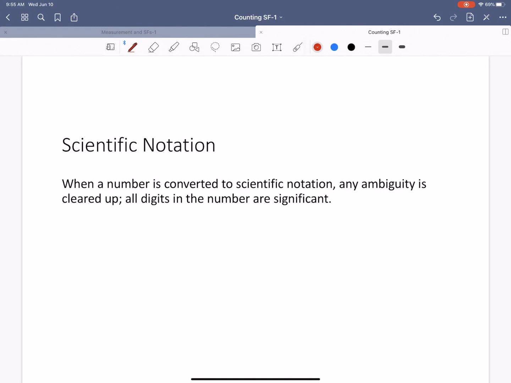So scientific notation is the way that we're going to clear that up. All the digits in the number are significant. So there's the number, and now I'm going to multiply it by 1,000. And there's 2 digits, so that's 2 sig figs. If I had meant 3 sig figs, I would have written it this way. And if I had meant 4 sig figs, I would have written it this way.